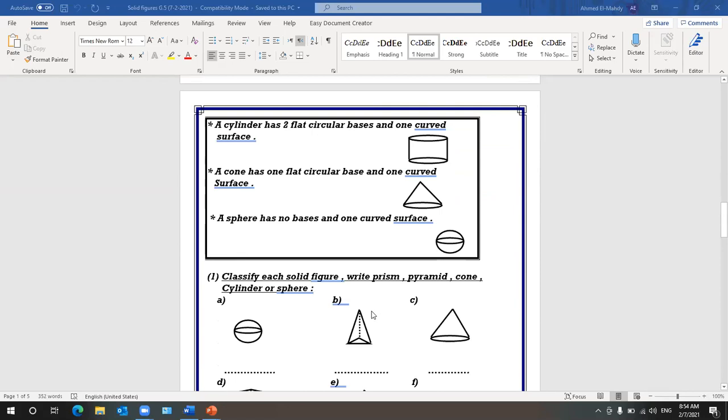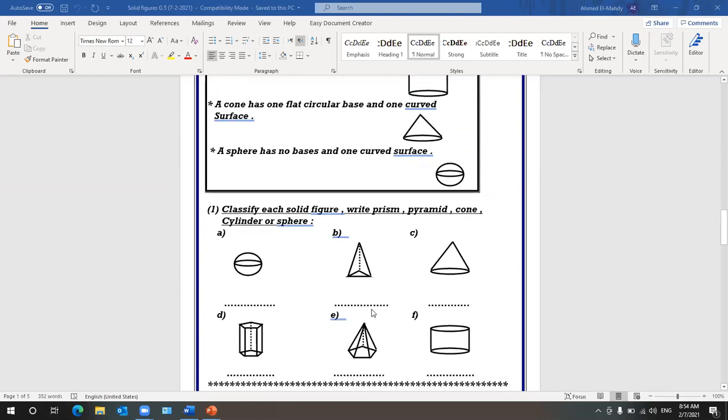Okay, the first exercise here, we will write only pyramid, prism, cone, or cylinder. What is the name of the solid? The first one, what is the name of this solid? Okay, Hannah Sultan. Yes Hannah.